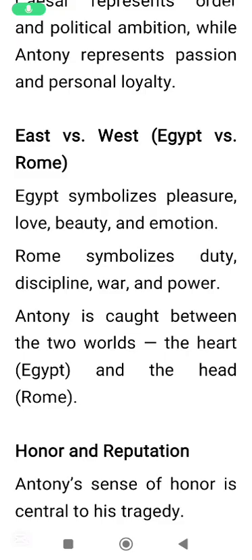When I say Antony's heart is that of Egypt and the head is that of Rome, who can explain that metaphor? I've just used a metaphor there. What does it mean? When we say the heart is Egypt and the head is Rome, what do we mean?